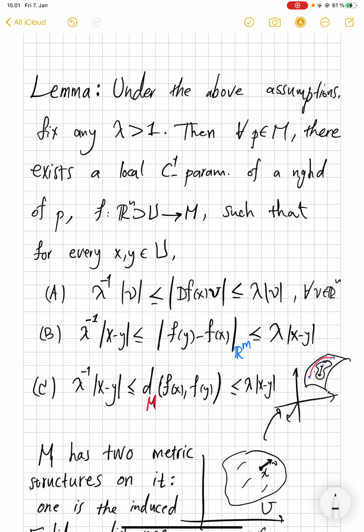It's not really the identity map because it's between different dimensions. It's more like an orthogonal map.